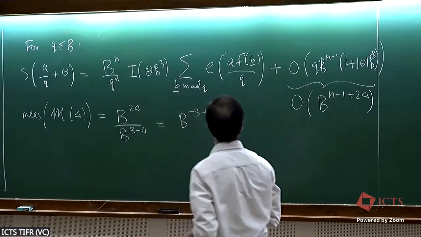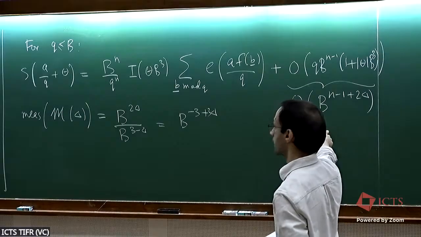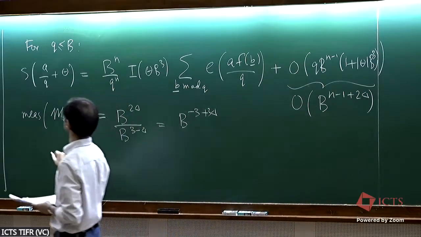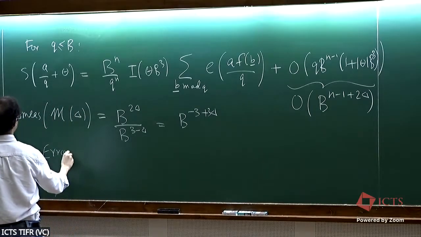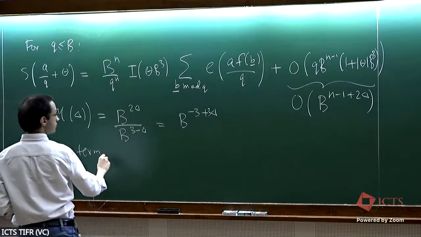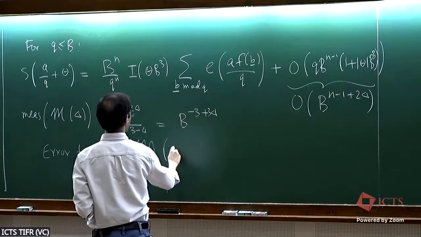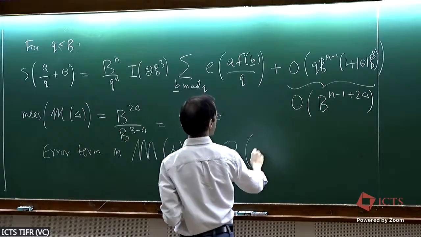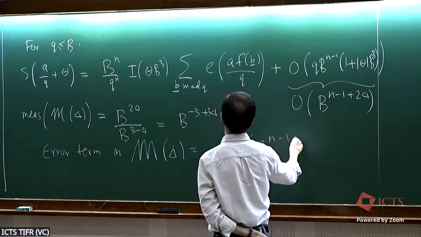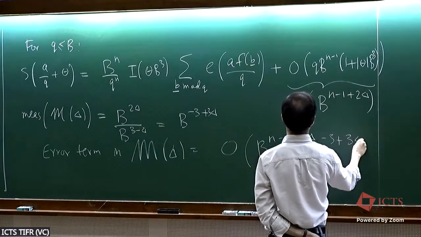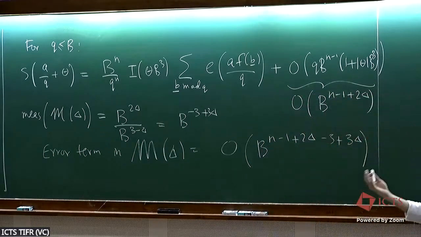So if you put that together, the error term that you end up obtaining in the major arc is how much? So this is big O of b to the n minus 1 plus 2 delta minus 3 plus 3 delta. That's what this is, right?